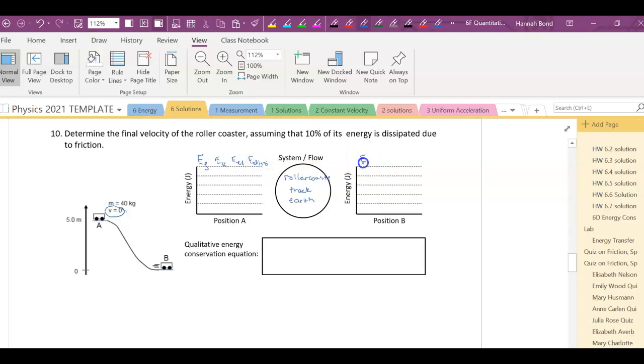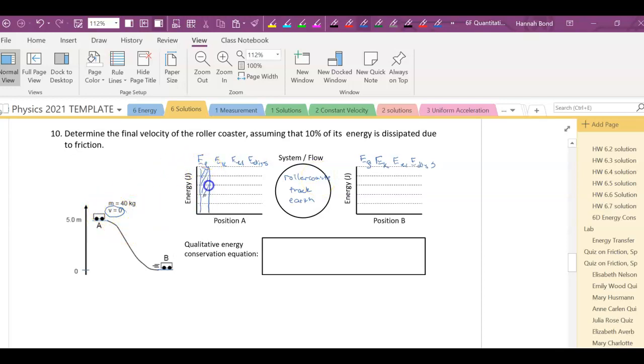Now, in this one, there is going to be some friction, and they're telling me that 10% of its energy is dissipated. That means 10% of the original energy. Okay, the original energy is all gravitational, because it says that the velocity is 0 up there at the top of the ramp.